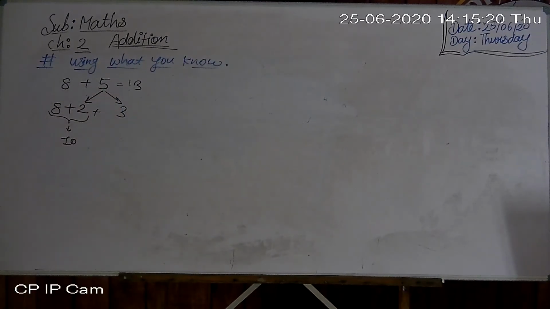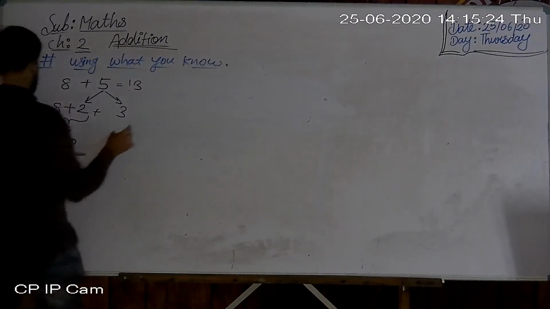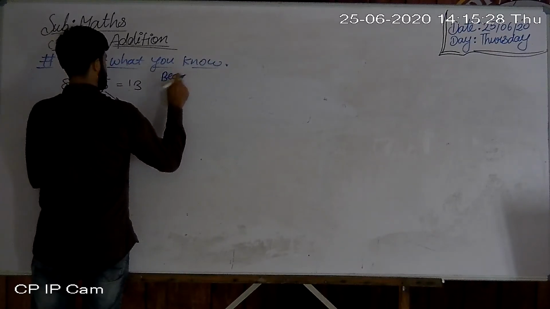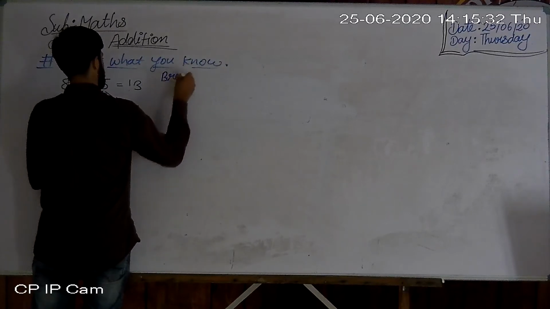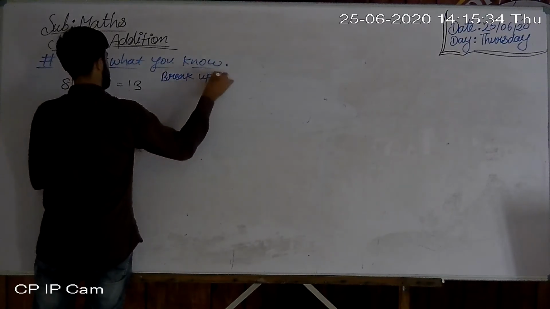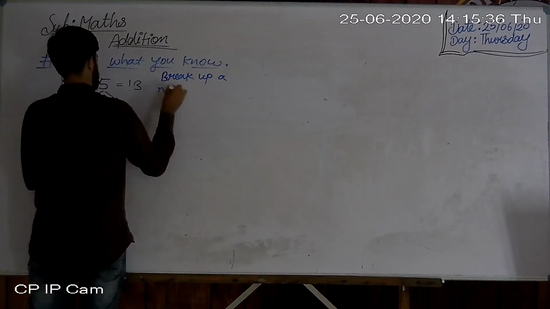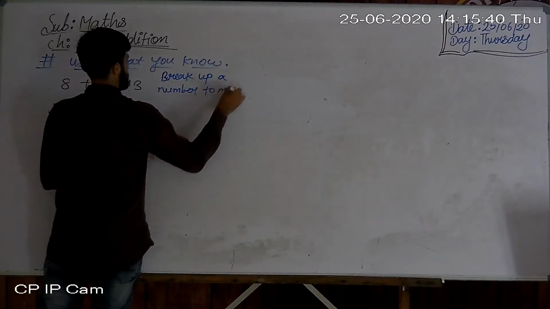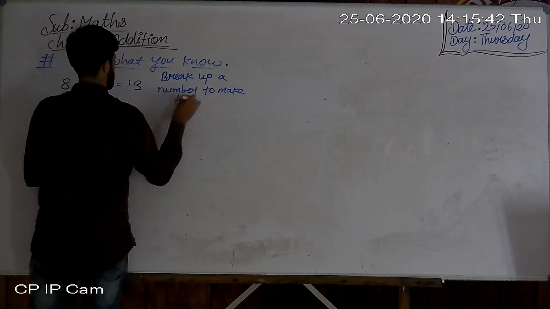Understood or not? See, now again I'm explaining to you. We make here, back up a number to make a 10.